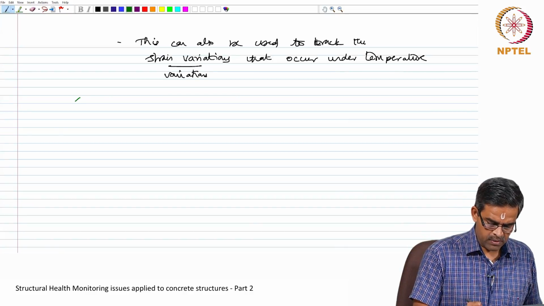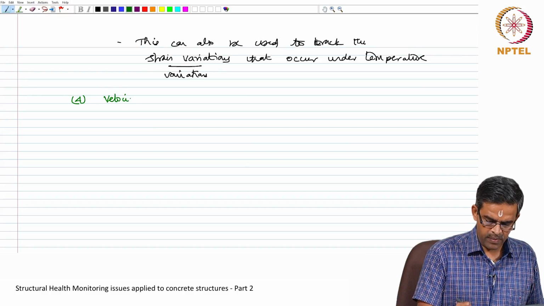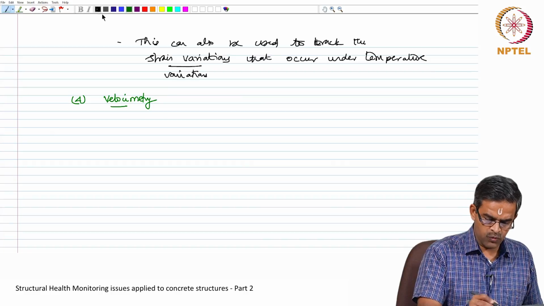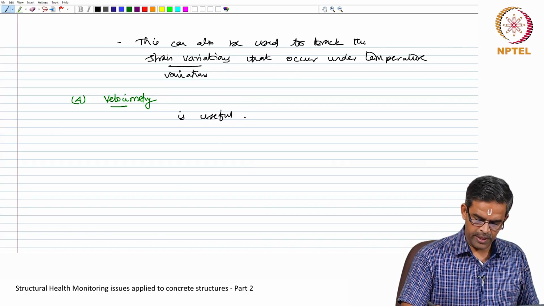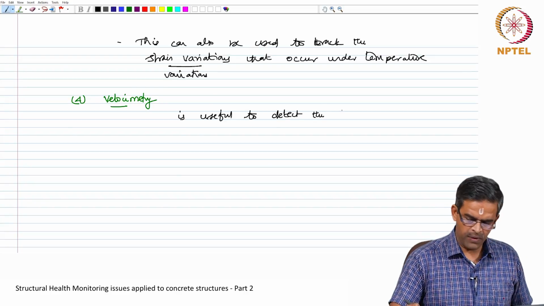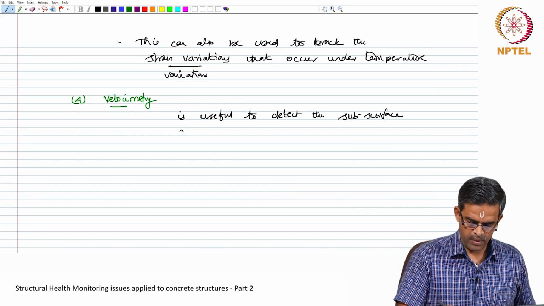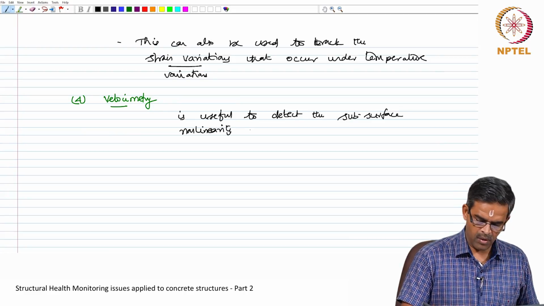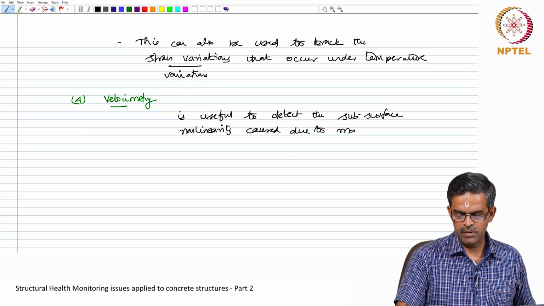The fourth method is velocimetry, which can be useful to detect the subsurface nonlinearity caused due to material damage.